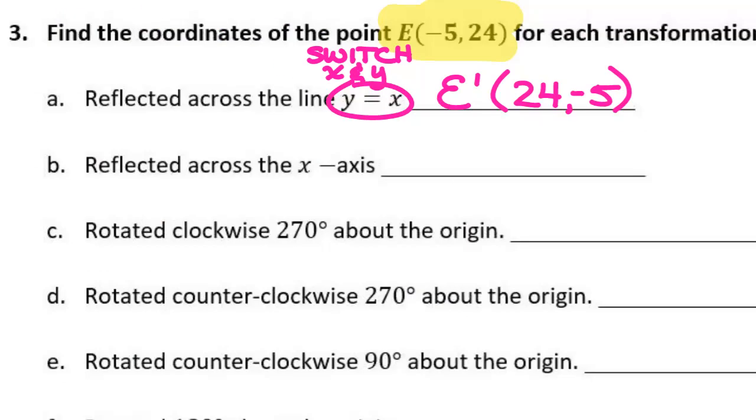For the test on Friday, you have to know your rules. If you don't know the 6 rules that we've used, I would highly recommend making flashcards. If you need some 3x5 cards, I have those and I'm happy to give those to you at the end of class. But you have to know the rules here.